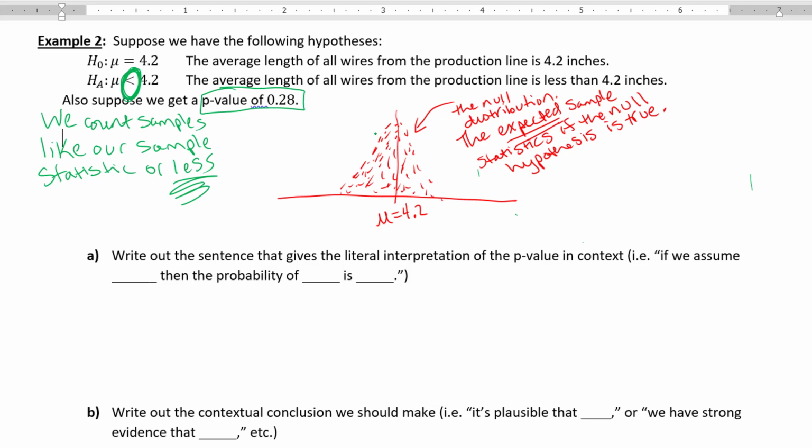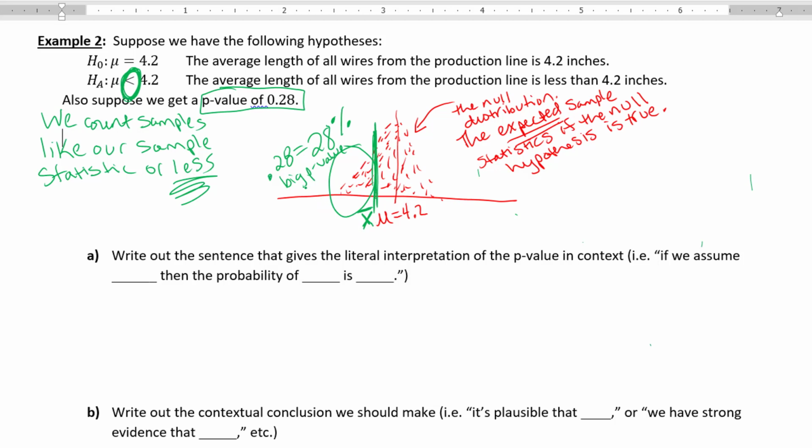So I would probably put my sample statistic, my X bar, my observed sample statistic, about here. A p-value of 0.28 means 28%. That's a pretty big p-value. Almost 30% of the dots in the null distribution are like our sample statistic or less.